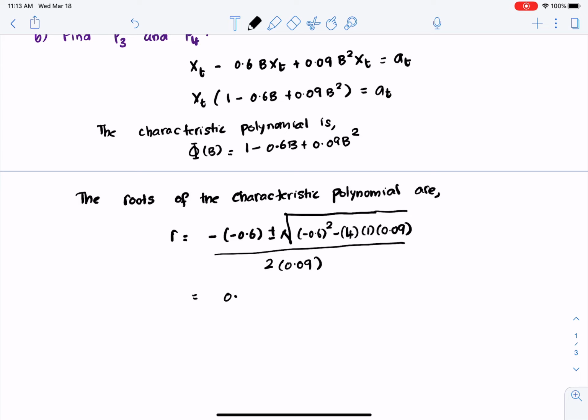So that would equal 0.6 plus or minus square root of 0.36 minus 0.36, divided by 0.18. So this would simply reduce to 0.6 over 0.18, which is 3.33.